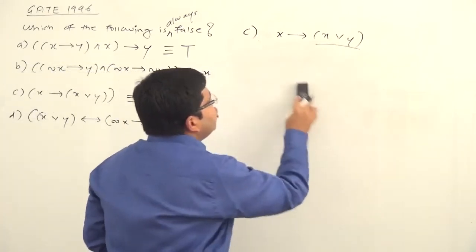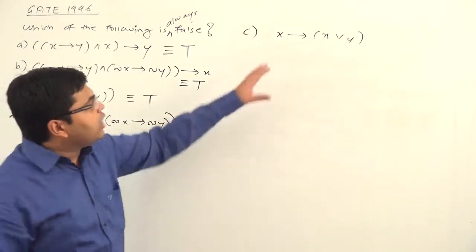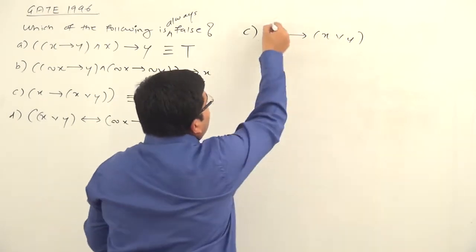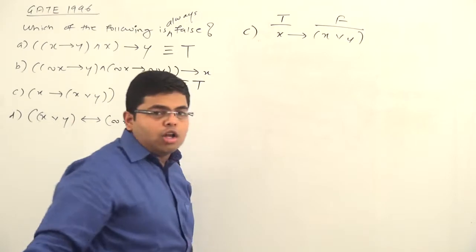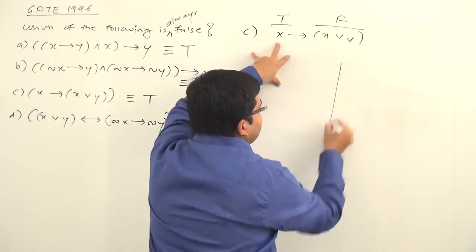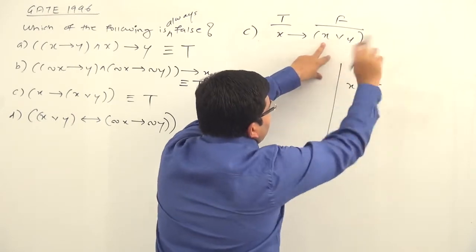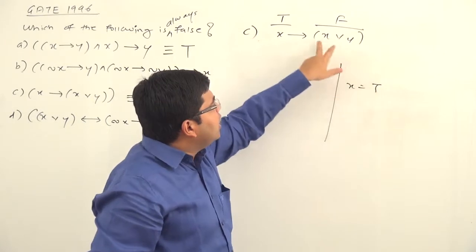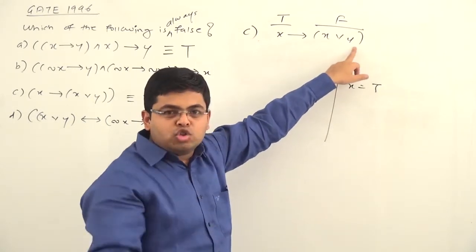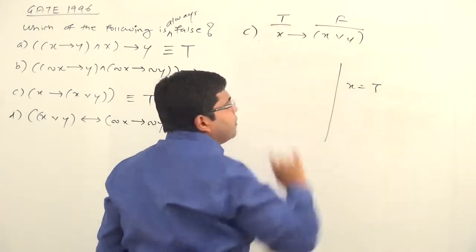Similarly, if you check here by the second method, let us try to make this implication false. So what you need to do, you need to bring it into the format of true implies false. So this x should be made true and x or y should be made false. Now you can observe, the moment you make x equal to true, x or y will also become true, and that is why you cannot bring this formula into the format of true imply false.